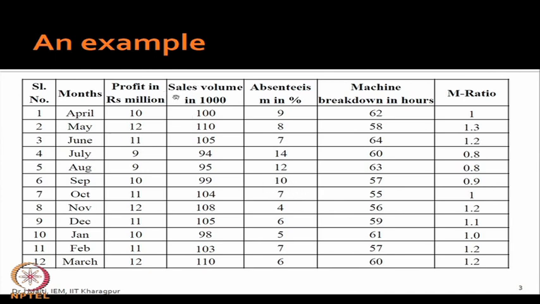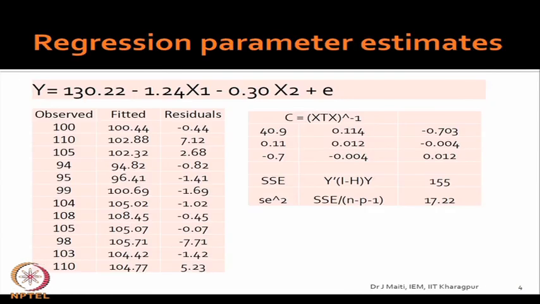Here sales volume is our y, and absenteeism and machine breakdowns are the two independent variables for the explanation of multiple regression. Last class we fitted this and found y equal to 130.22 minus 1.24 x1 minus 0.30 x2 plus error. This is my regression line.